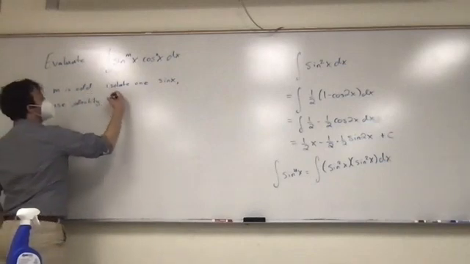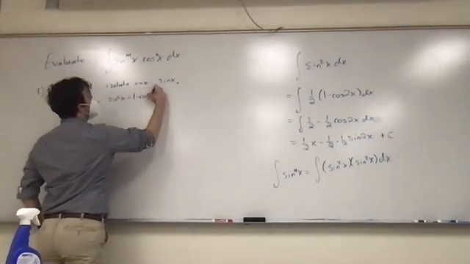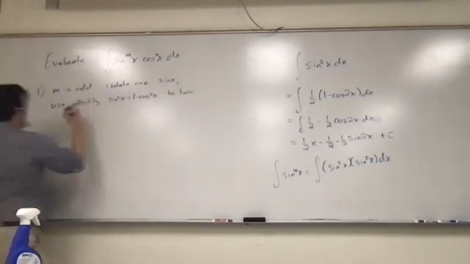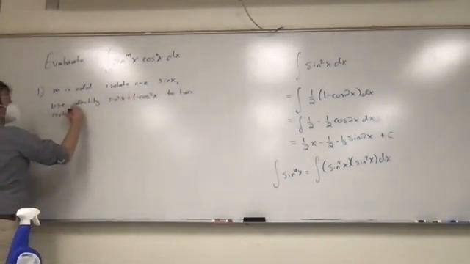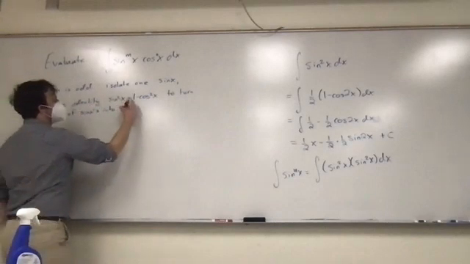Use the identity sine squared x is 1 minus cosine squared x to turn the rest of the sines into cosines.